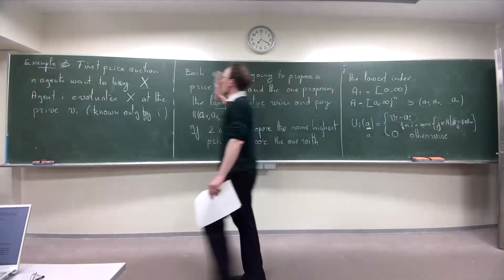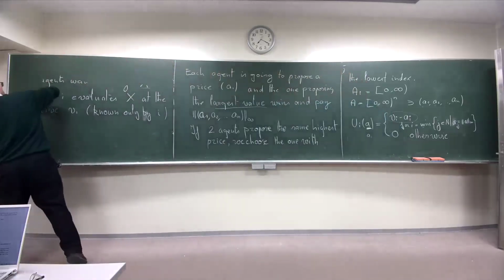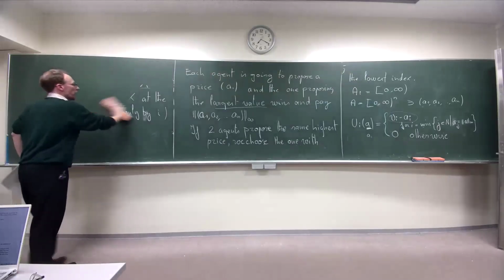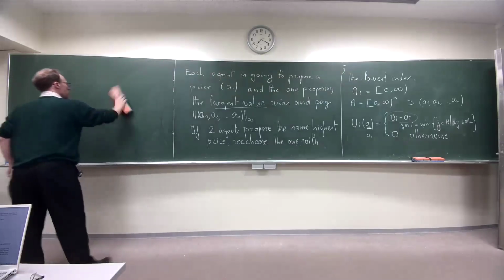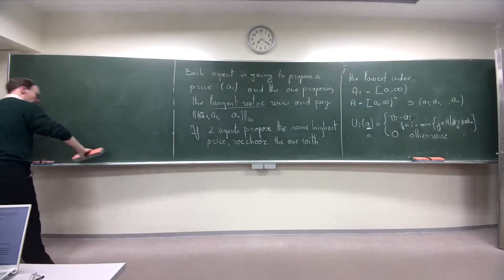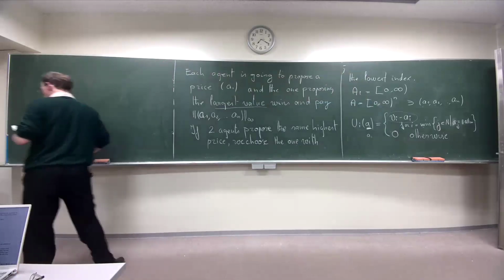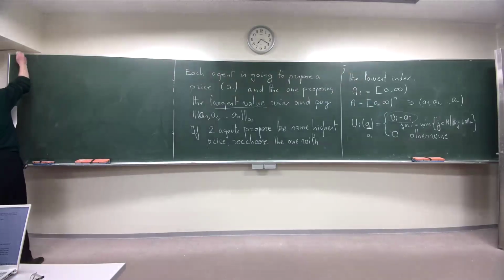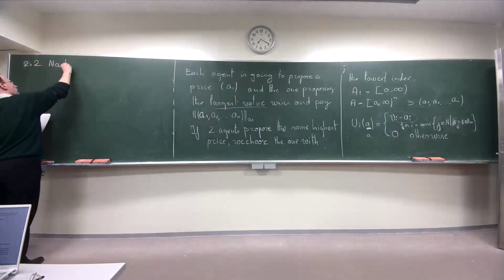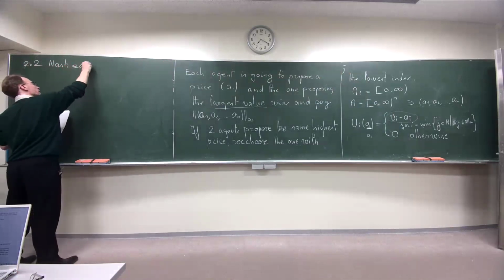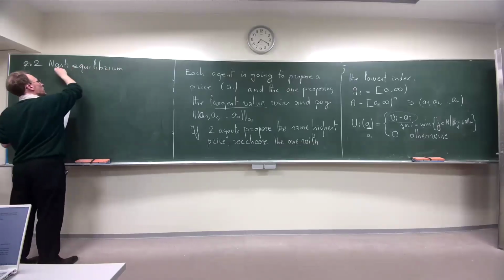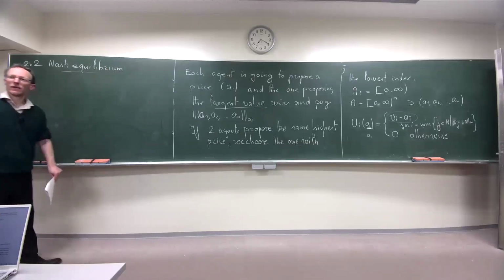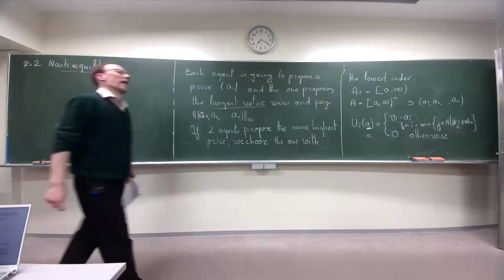Now we know what is a strategic game. We have a way to formalize these games with the set A and the set of utility functions U. What is 2.2? What is a Nash equilibrium? Yes. There's no clear option if you draw it in a table to decide.